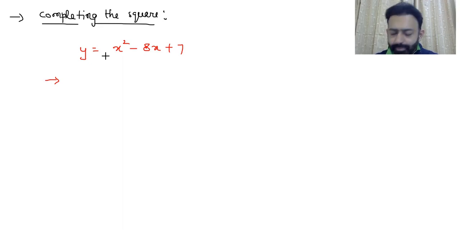Next step is focusing on x square and minus 8x. We have to compare this x square minus 8x with something of the form x minus a whole square.